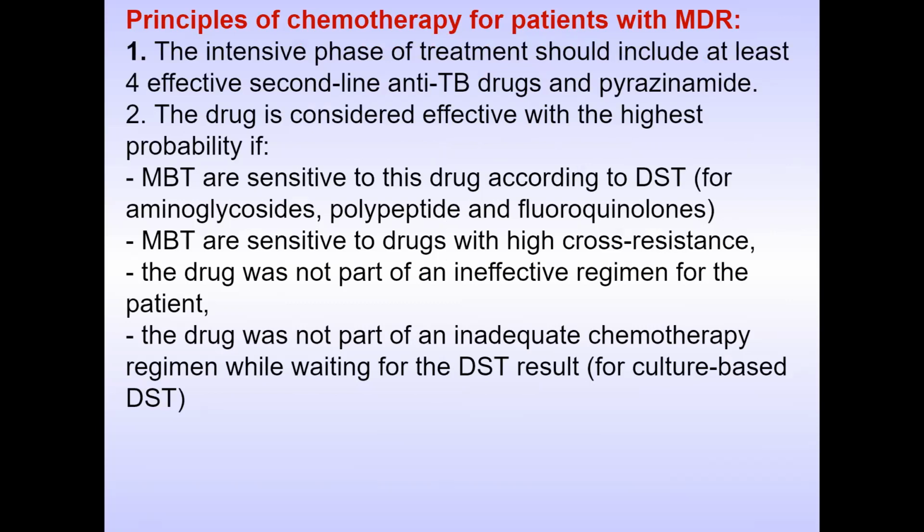The first principle of chemotherapy for the patient is that the intensive phase of treatment should include at least 4 effective second-line anti-tuberculosis drugs. A drug is considered effective with the highest probability if MBT are sensitive to these drugs, MBT are not sensitive to drugs with high cross resistance, and the drug was not part of an ineffective or inadequate chemotherapy regimen.